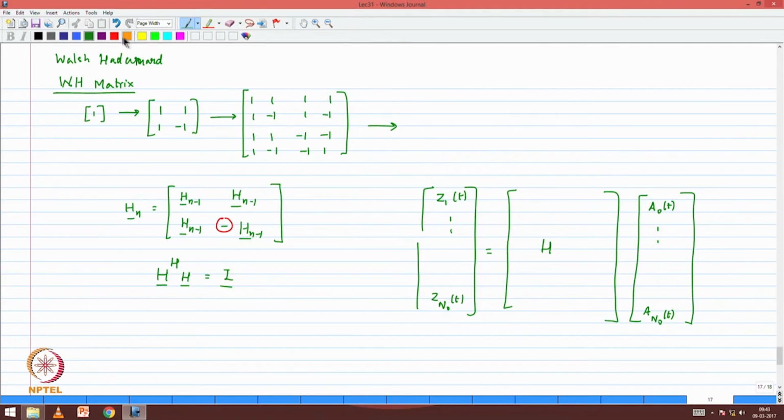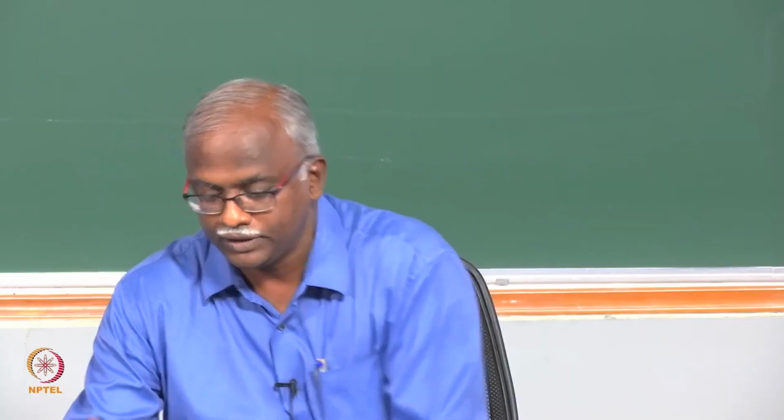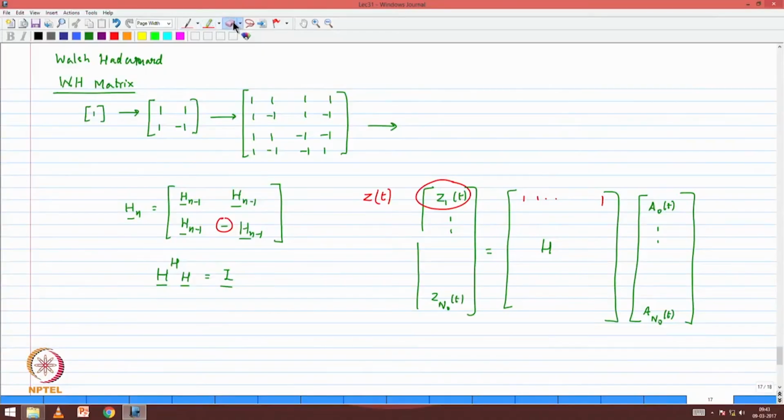So, this first element is the same as Z of t that I was trying to generate, correct? That is basically the first row is all ones. So, the first row is all ones, but the beauty of it is you now have other functions which are basically derived from the original set A1 to A n naught.